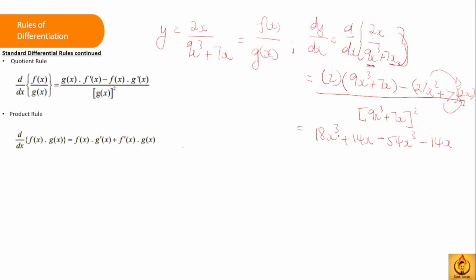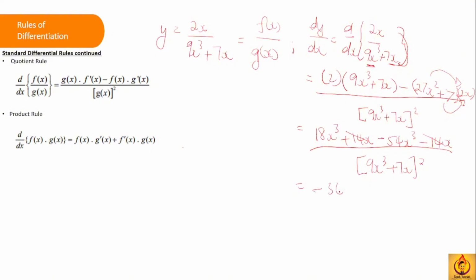Now, all of this will be divided by the square of our denominator. This 14 and this 14, they're going to cancel each other. And then 18 and 54. 54 minus 18, that's 36. Yes, 36.